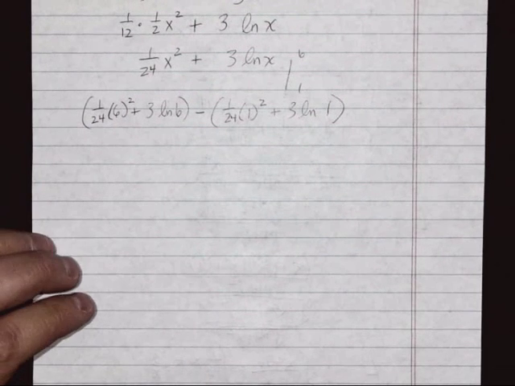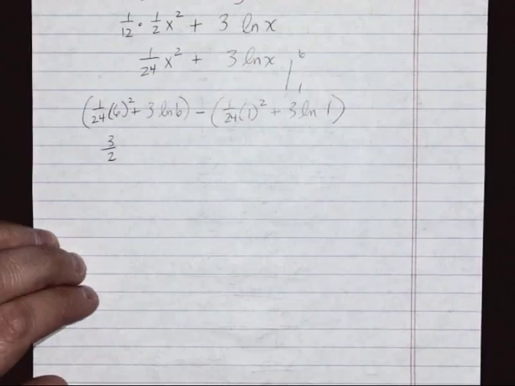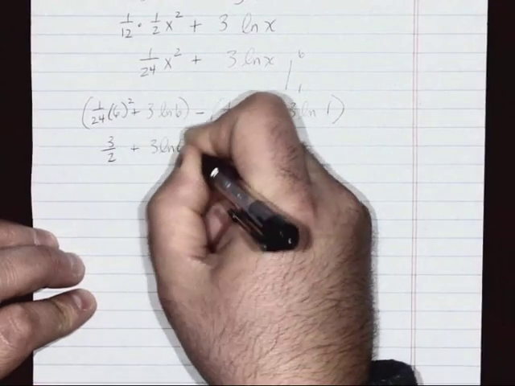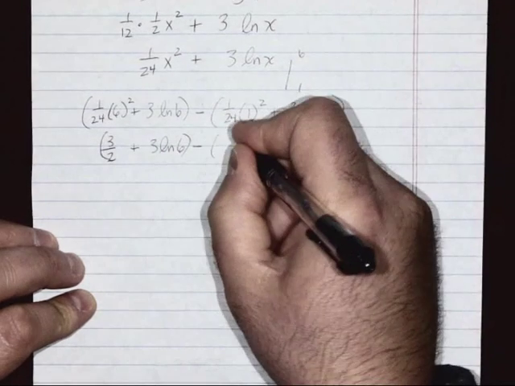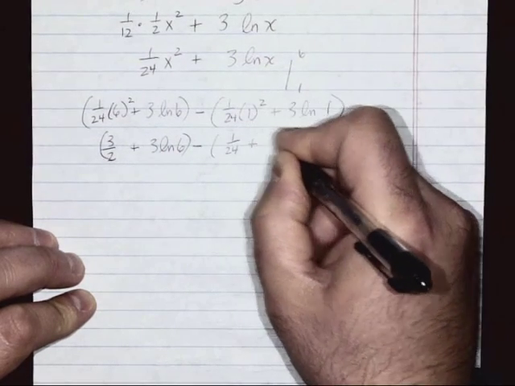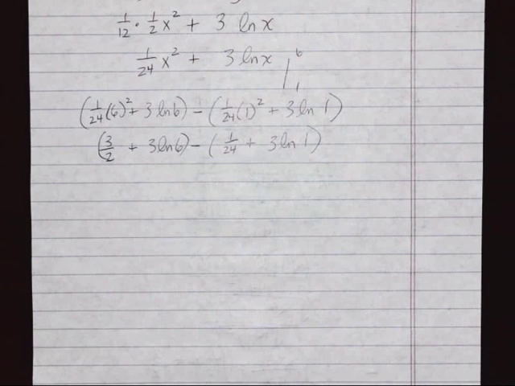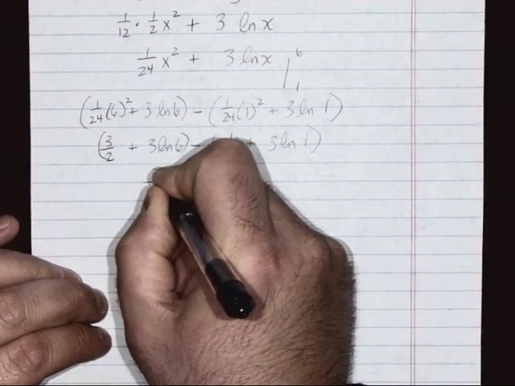So this is actually going to give us 3 over 2 when I do the math on that. This obviously is going to stay 1/24. Alright, so then let's combine some like terms. So 3 over 2 minus 1/24 is going to be 35 over 24.